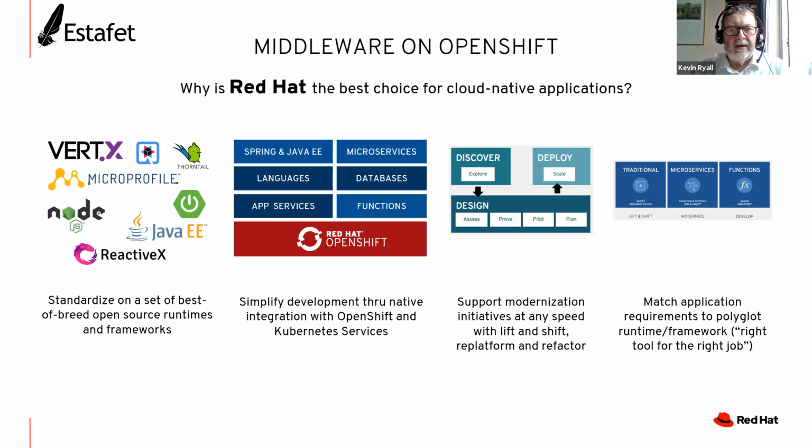As I mentioned earlier on, Red Hat also provide a set of middleware elements which allow you to provide these frameworks to build your code, and obviously things like Spring Boot approaches and various other standardized industry approaches, Node.js, and so on.